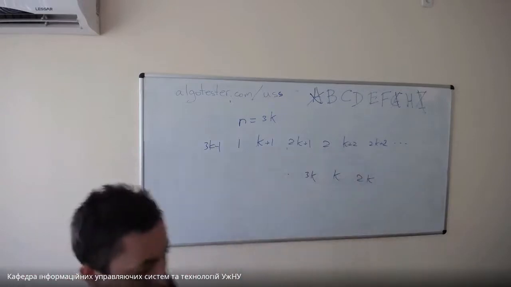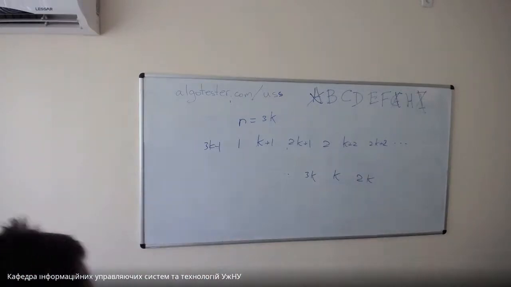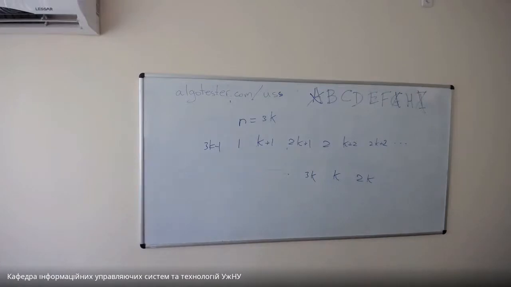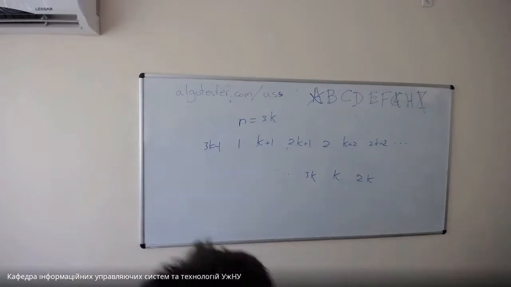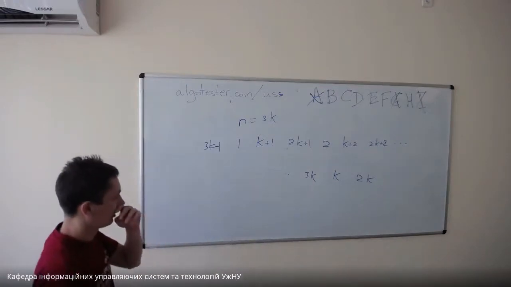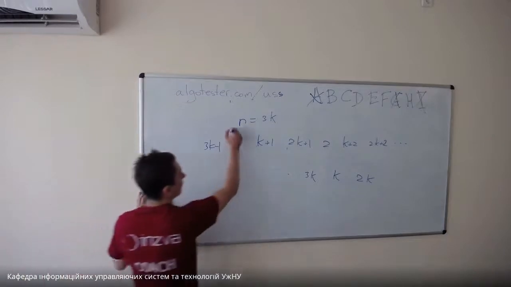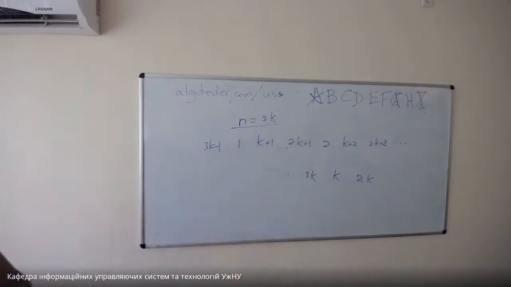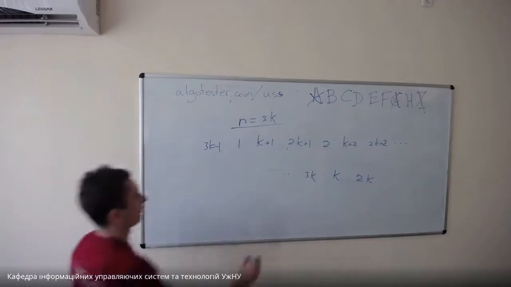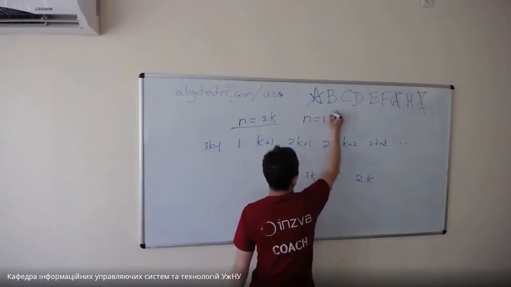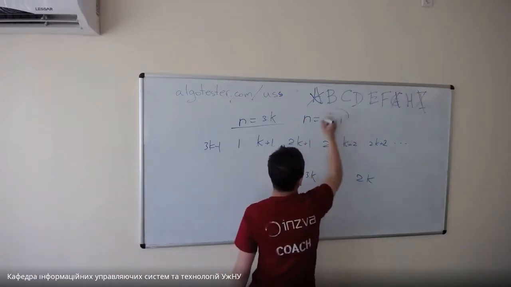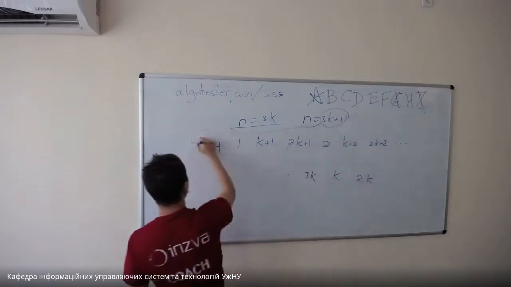I will just double check if I made a mistake. Yeah, I believe this should be a correct pattern. You can check it on the paper if it works, but I believe it should work. So that's the solution for n that is divisible by 3. And now if n equals 3k plus 1, we put this 3k plus 1 at the beginning.